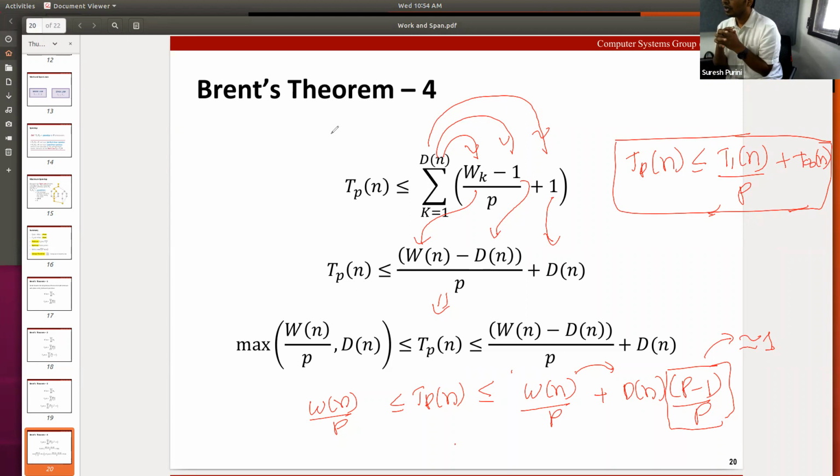Then you're probably not optimal. If you are not able to do the work within this upper bound, then your scheduler is probably not optimal. You are taking more time than the theoretical upper bound we have on the time taken to execute the program. Shall we move on? All good?